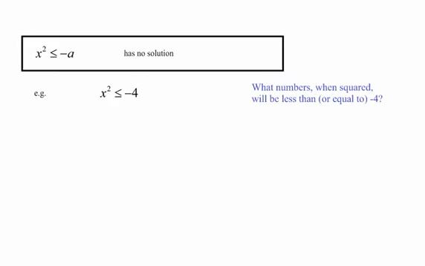What if we have x squared is less than or equal to negative 8? Let's look at an example. What number, when squared, will be less than or equal to negative 4? Using the same reasoning as last time, no matter what number you put in there, it won't work, because no values, when squared, will be less than or equal to negative 4.